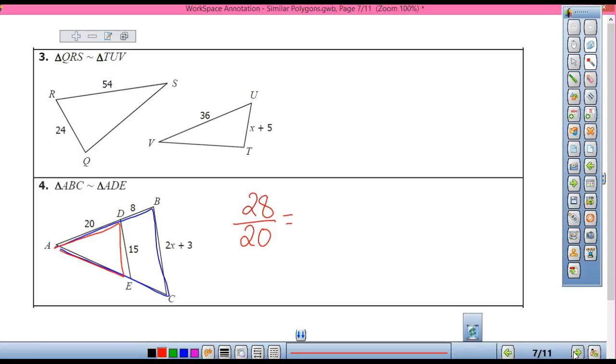Okay, so 28/20 is going with what? What goes with 28? That's big triangle. What's our missing side of big triangle? 2x plus 3 over little triangle. 15. Yep.